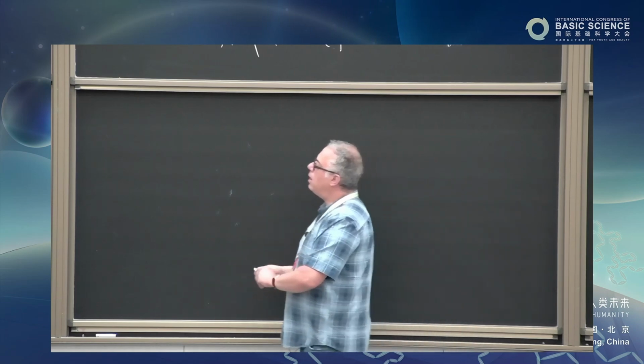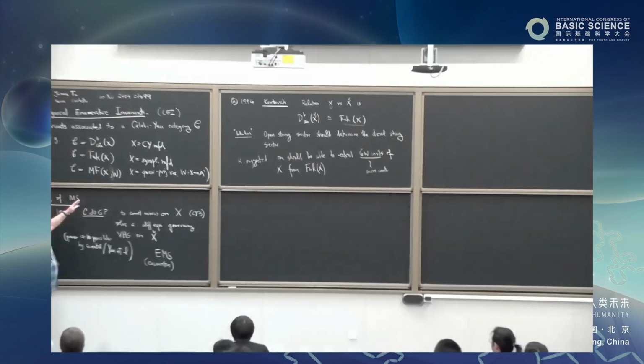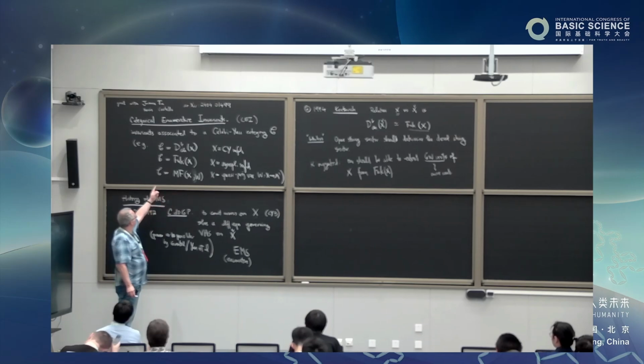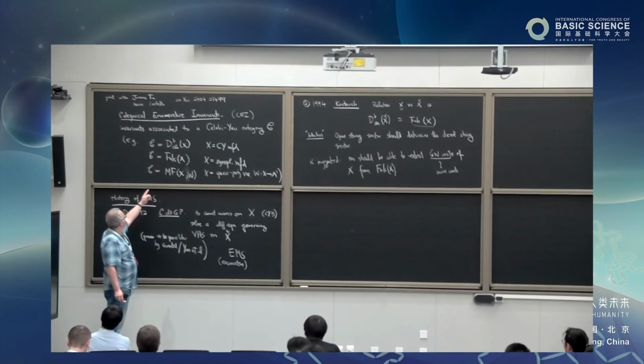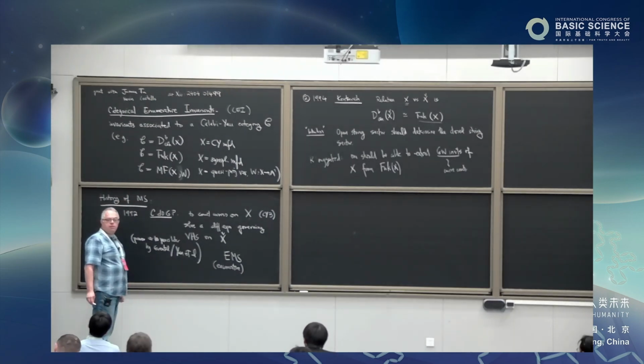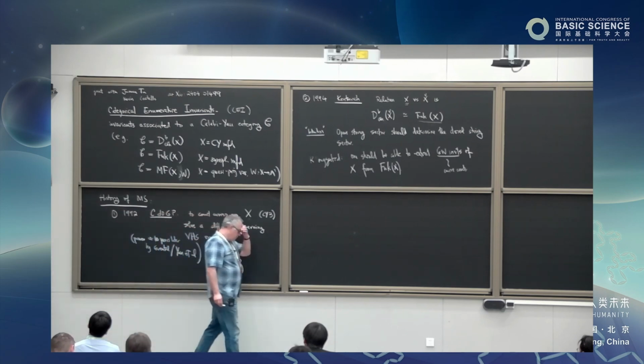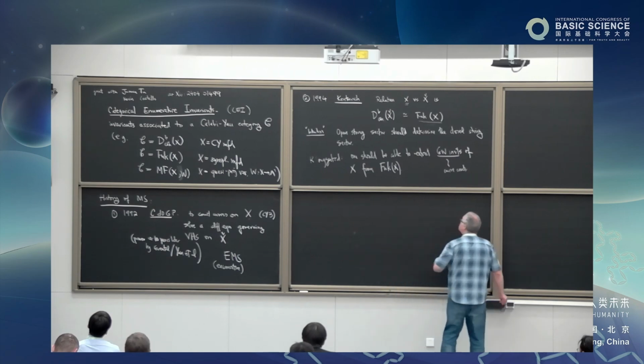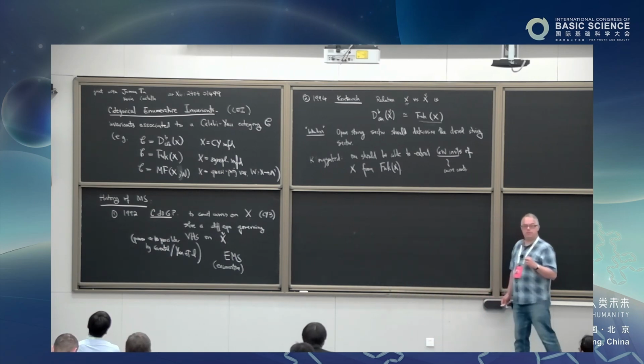And you can see now that this is very much what we are trying to do. I'm trying to extract some invariants from some Calabi-Yau category, like the derived category of X, or the Fukaya category of X. You might also notice that it's 31 years later.